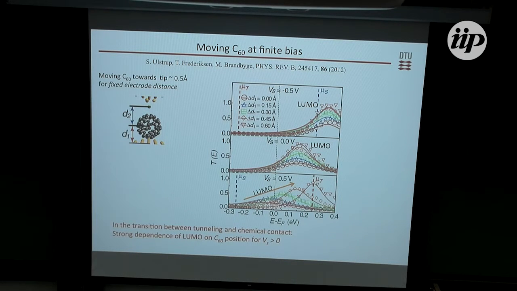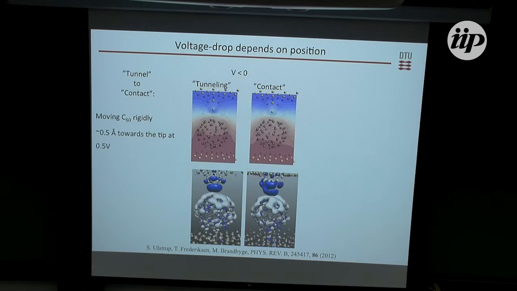So you can translate that into a very strong electron-phonon coupling out of equilibrium at this voltage. And if we go back to these voltage drops and look at what they look like, these are the two configurations where I just move the C60 by half an angstrom. You can call this tunneling because it's closer to the surface. This is contact where it's closer to the tip.